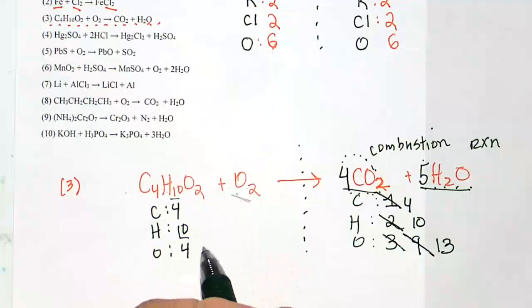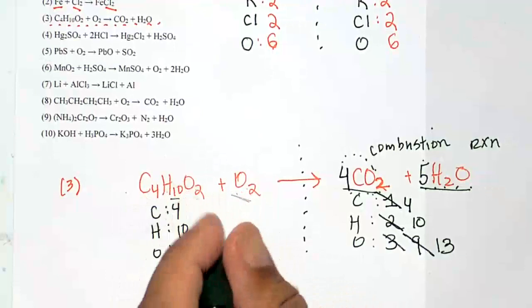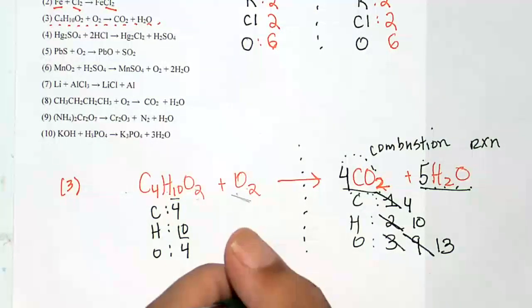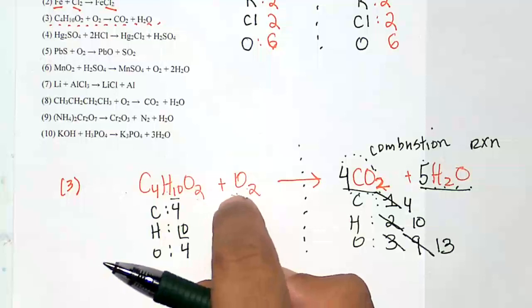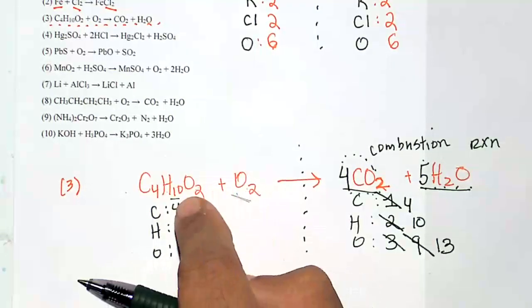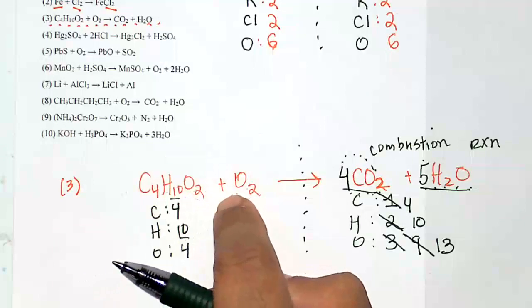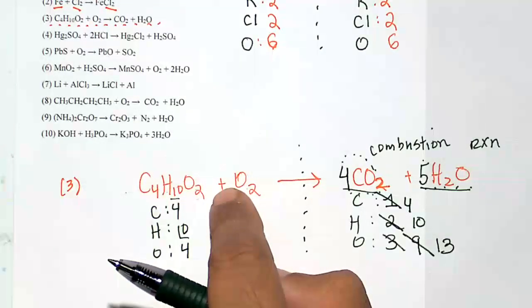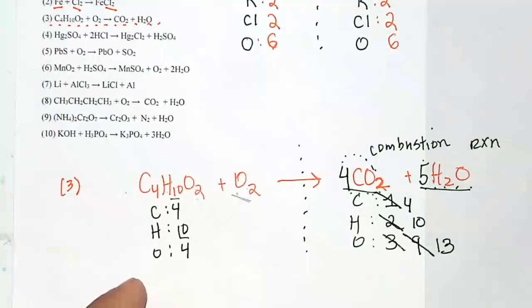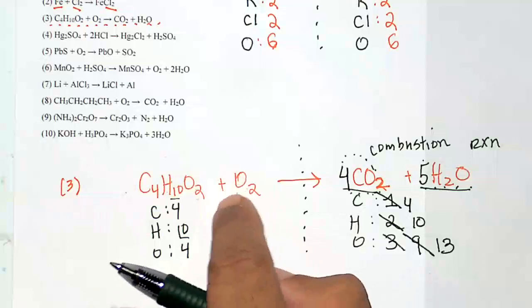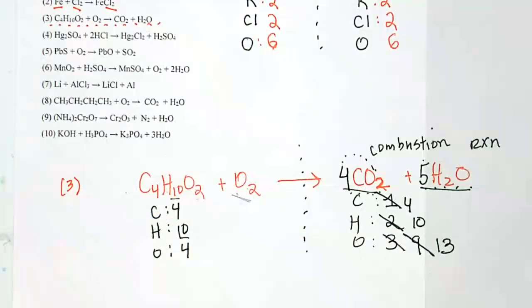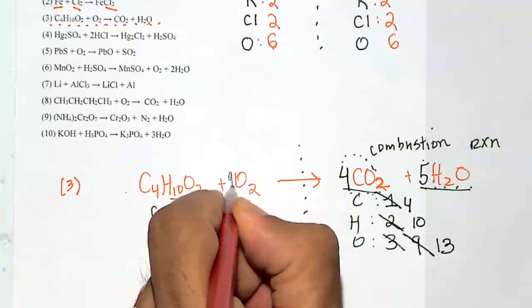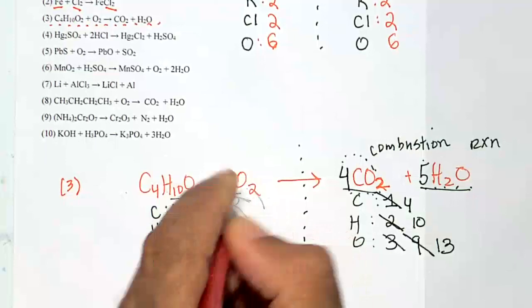How will we get to 13 here when we have 4? 13 minus 4, that's 9. But if I put a 9 here, 18 plus 2 is 20. If I put a 9 over 2, the 2's cancel.